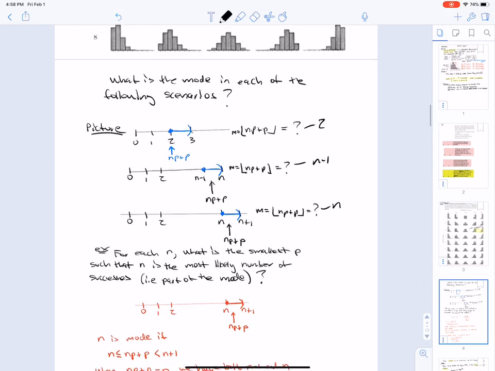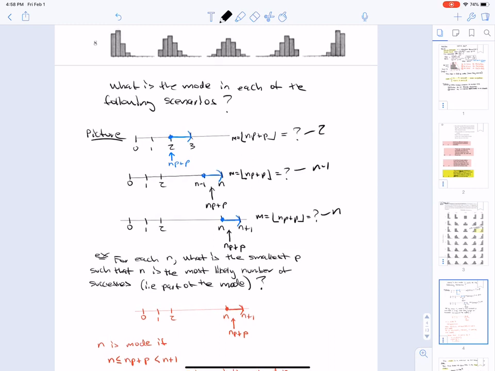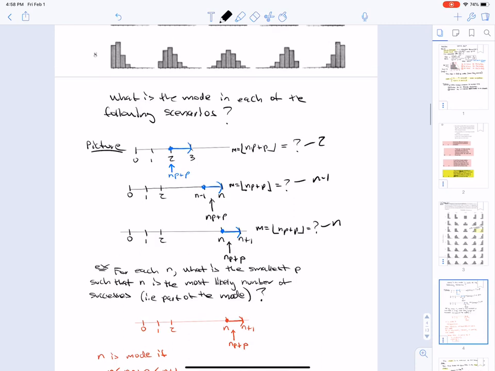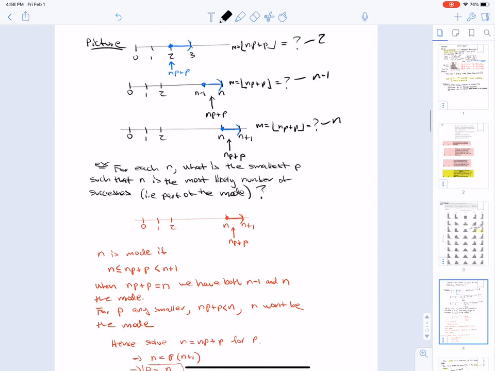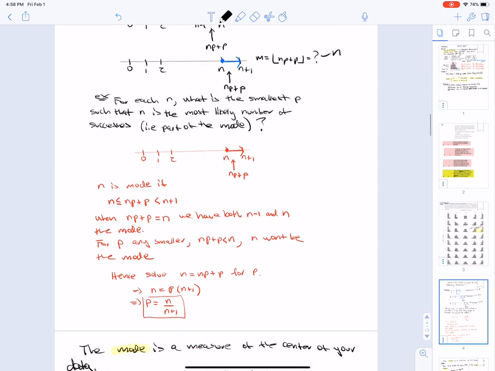So you can answer the question, for each n, what's the smallest p such that n is the most likely number of successes, right? And so we know that for n to be the mode, np plus p must be equal to n. And so you can solve that for p, and you get p is n over n plus 1.